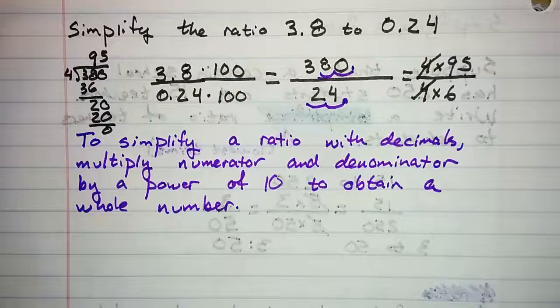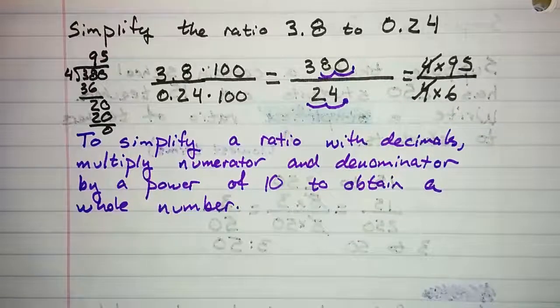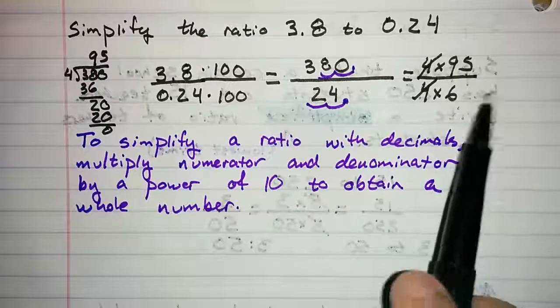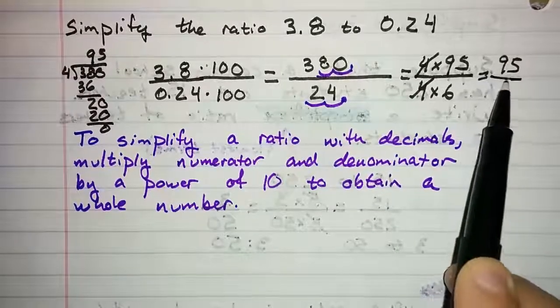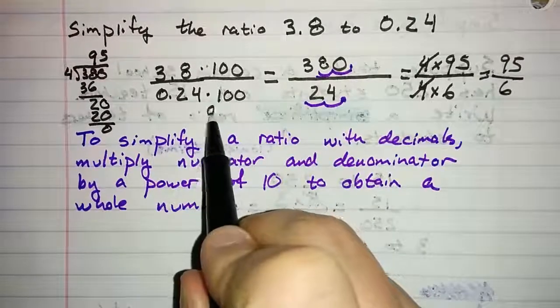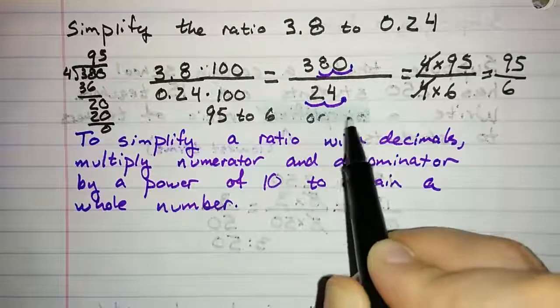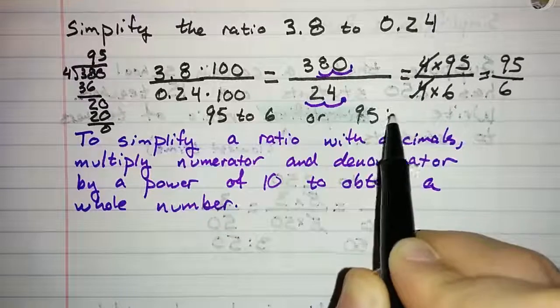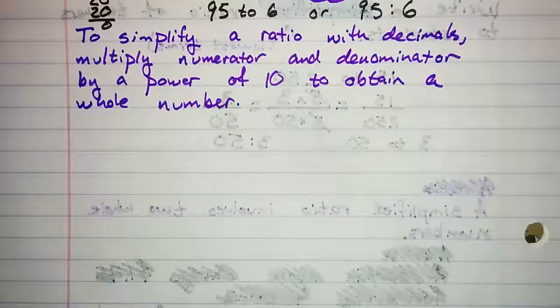Cancel those. 6 and 95 have nothing in common, since 3 doesn't go into 95. So my simplified ratio is 95 over 6, or 95 to 6, or 95:6.